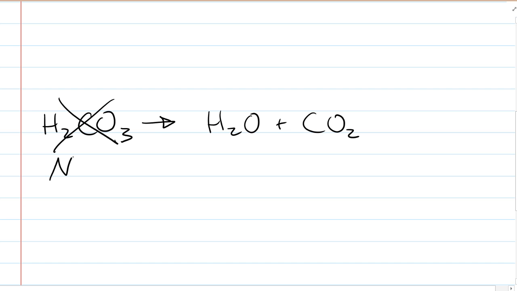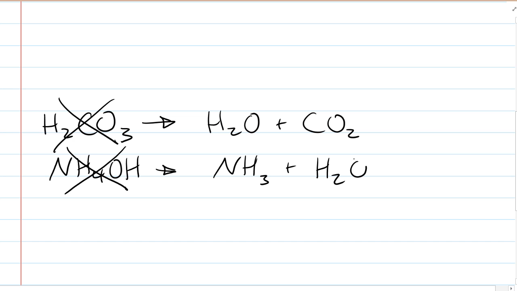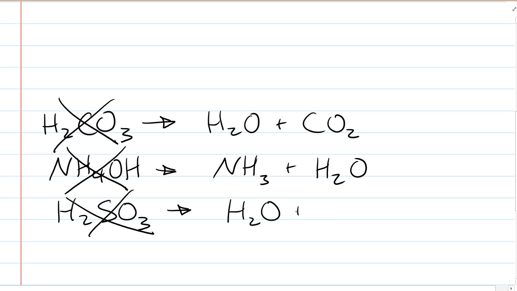Likewise, if you ever find yourself writing a formula of NH4OH, you'll immediately replace this with, we did this one already, ammonia and water. If you ever find yourself writing a formula for this stuff, which is sulfuric acid, get rid of this and replace it with water and sulfur dioxide, yes.